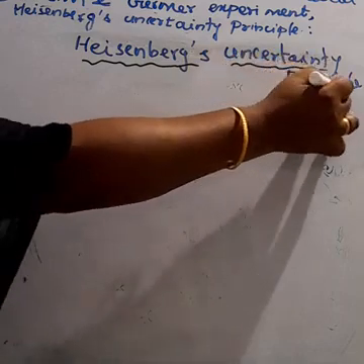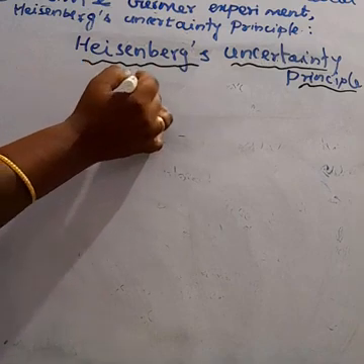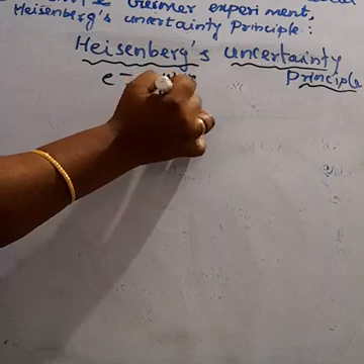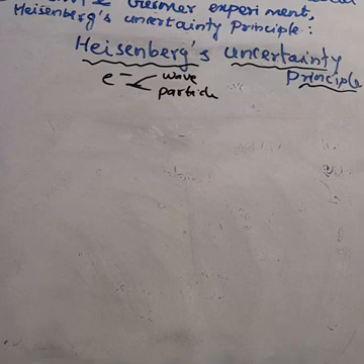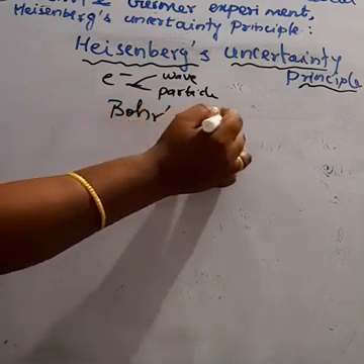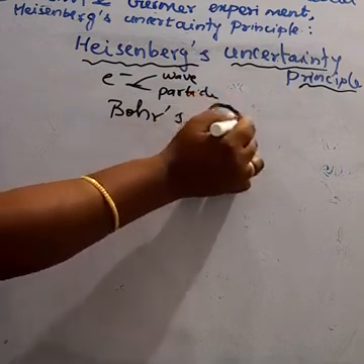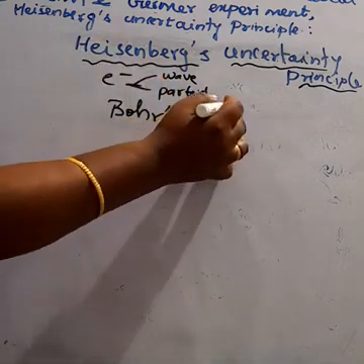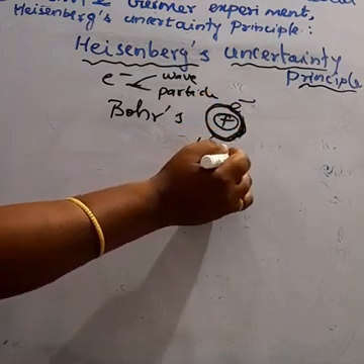We know that electrons have dual nature, wave nature and particle nature. According to Bohr's concept, this is the nucleus. The electrons revolve around the nucleus in a fixed stationary orbit.